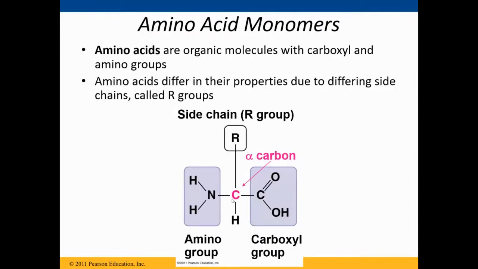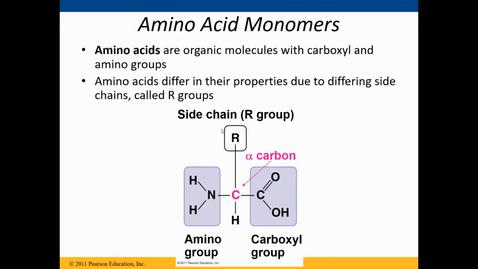In the center, we have this alpha carbon. The amino group is attached to this alpha carbon, and the carboxyl group is also attached to the alpha carbon. Then we have a hydrogen. These three parts are always the same for all amino acids.